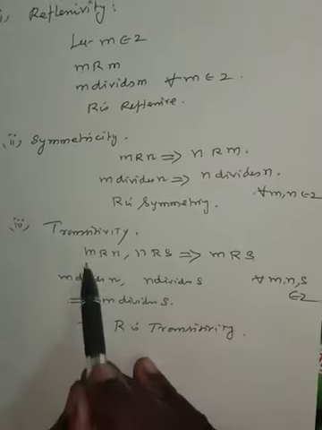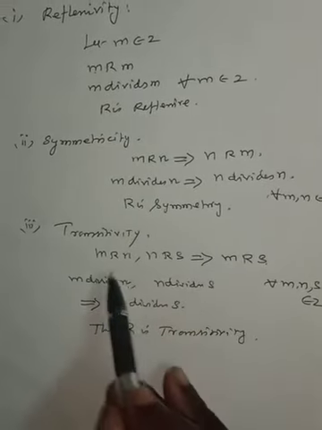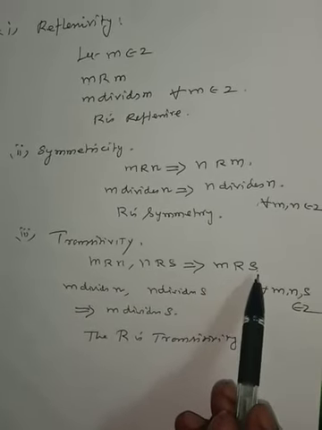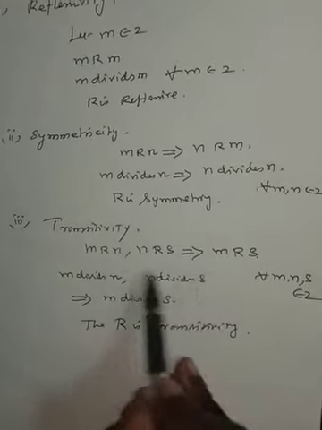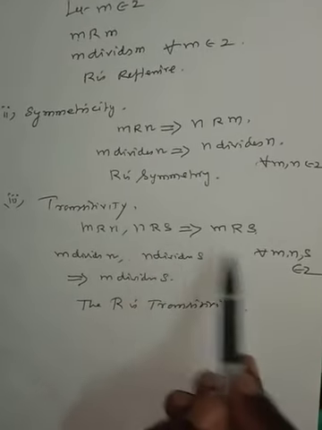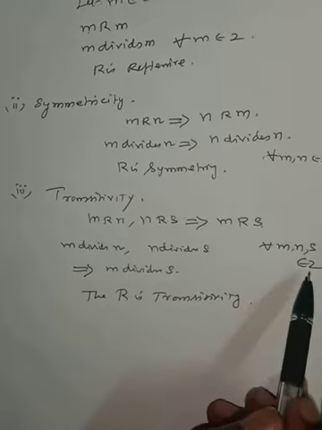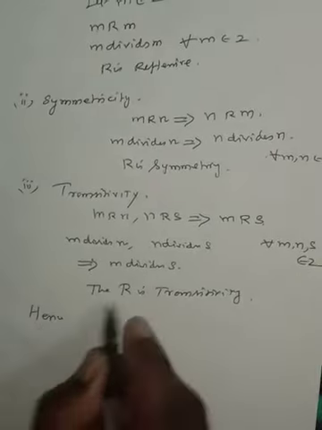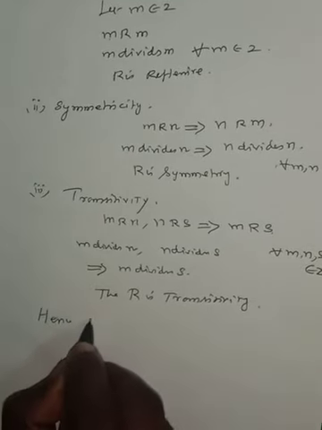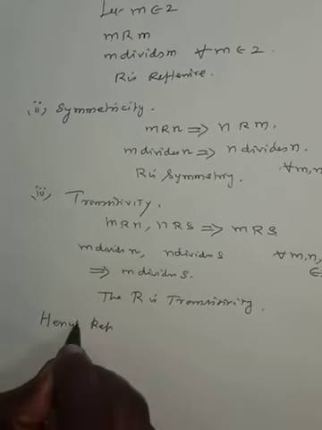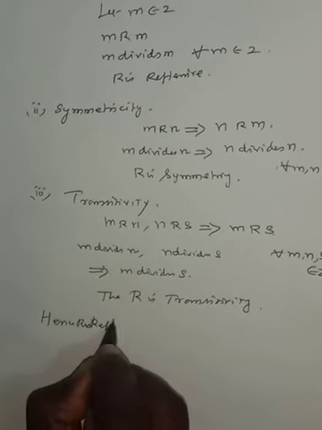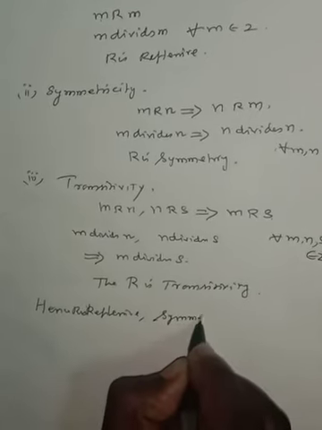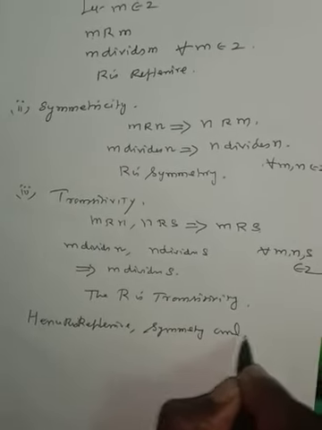These two integers imply the first divides the last: m divided by s, we get an element in the set Z. Hence the relation is reflexive, symmetric, and transitive.